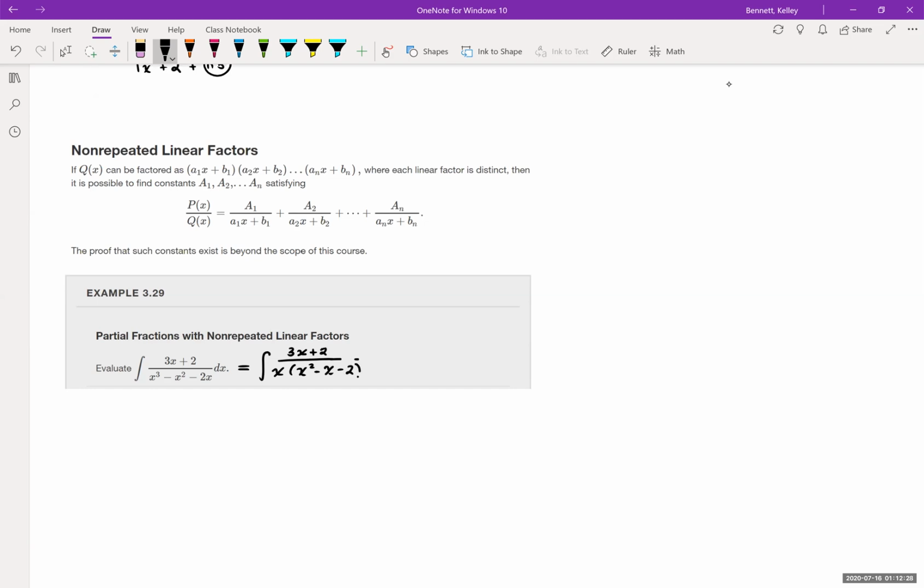And then hopefully it's clear how to factor the quadratic. This is certainly not an irreducible quadratic. So I'm going to do one more little step. So I get x, and then we're going to get x minus 2 and x plus 1.